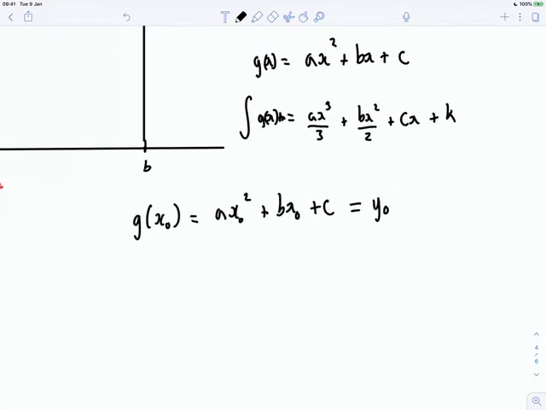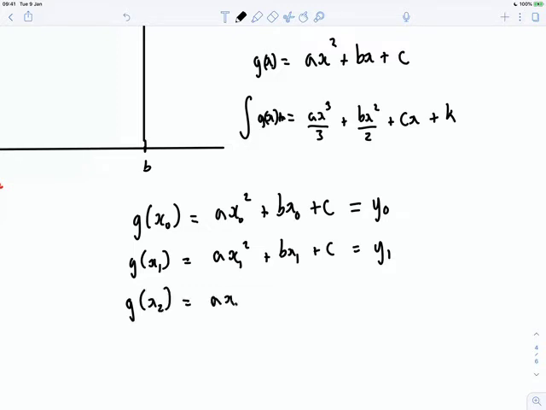Similarly, if I sub in x1, I get a x1 squared plus b x1 plus c equals y1. And if I sub in x2, I get a x2 squared plus b x2 plus c, and that equals y2.